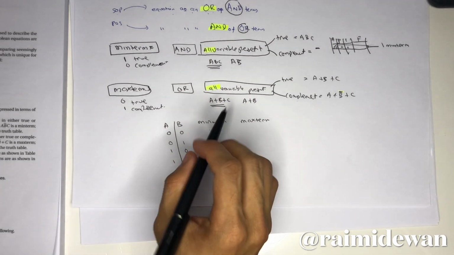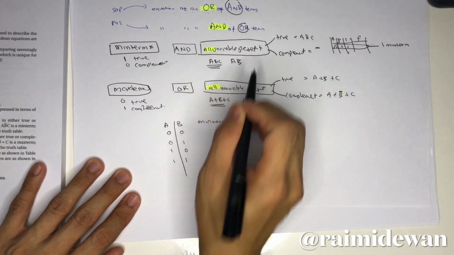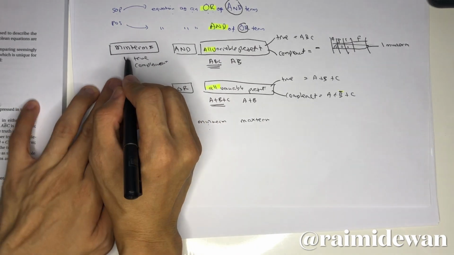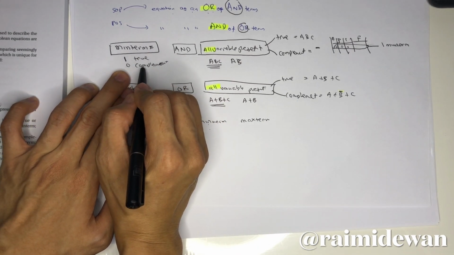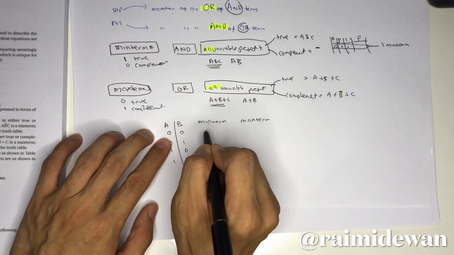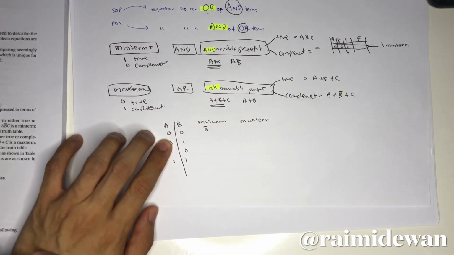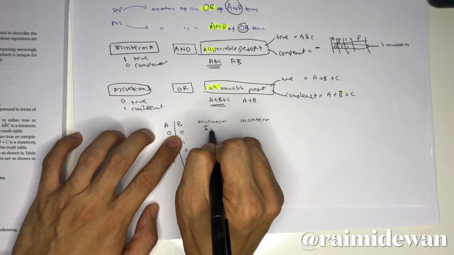We try to see the minterm first. The minterm should be formed like this, meaning A multiplied by B. You see here it mentions that 1 is considered true and 0 is considered complement. So here 0 is considered complement, so it's A bar, and B is still 0, so it's complement also.